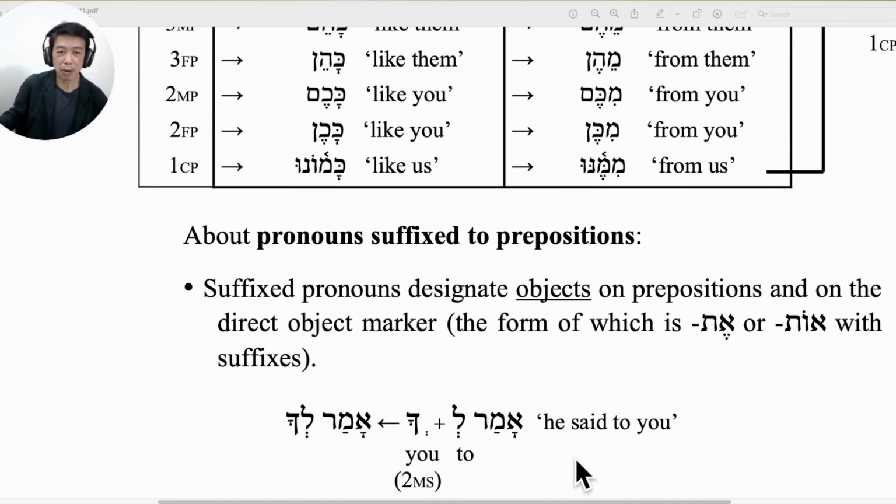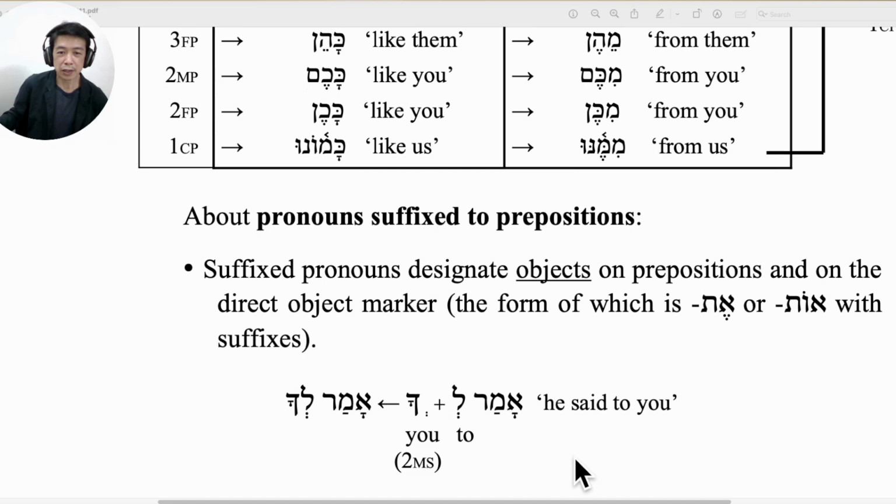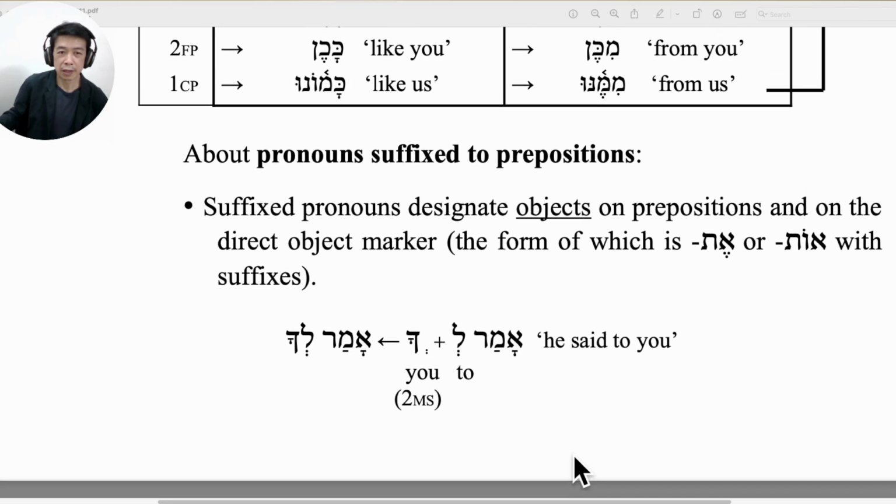A little bit more about pronoun suffixes on prepositions. Suffix pronouns can designate objects of prepositions and the direct object marker, the form of which is et, spelled out as aleph, tav, with suffixes.